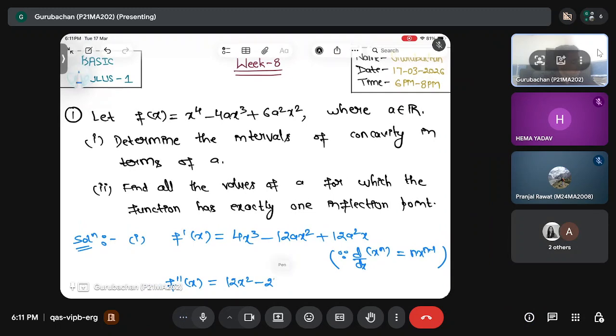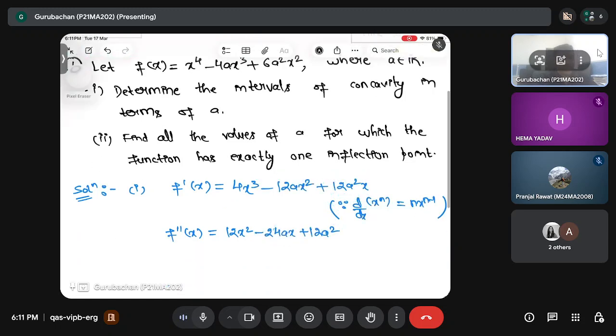x plus 12a square. So if you take 12 common from here, you will get x square minus 2ax plus a square, which is nothing but x minus a whole square.